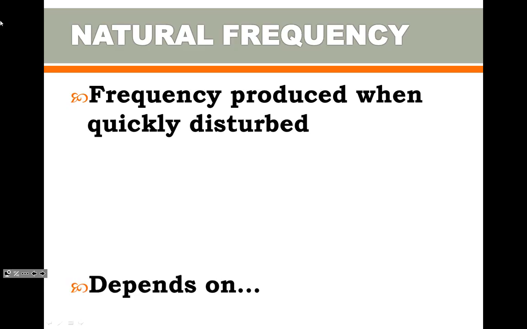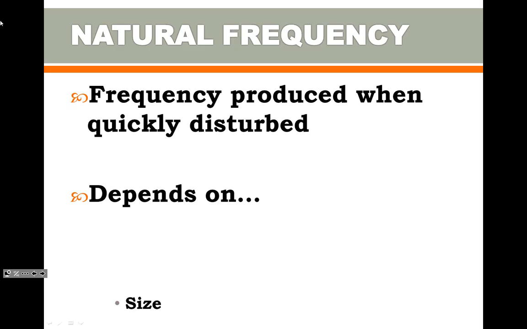And a lot of factors go into the natural frequency. I mentioned some of those: size, shape, and even the stretchiness or the elasticity of the material can affect that natural frequency. And you're going to use these natural frequencies in your labs.